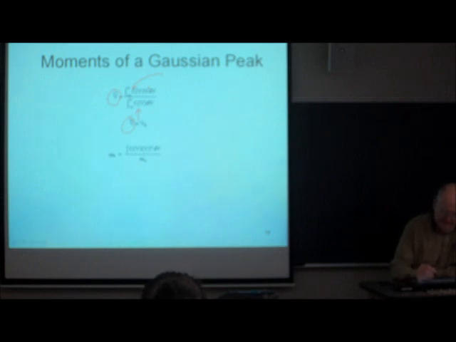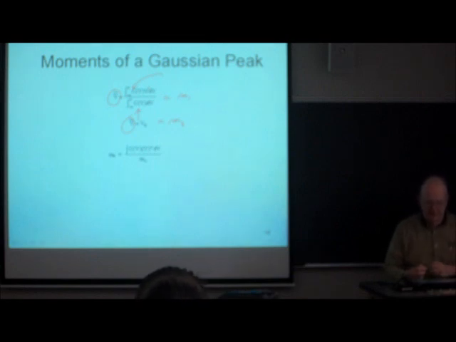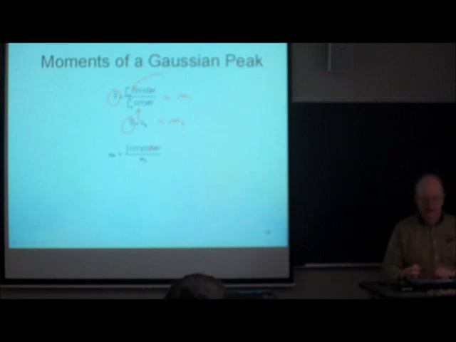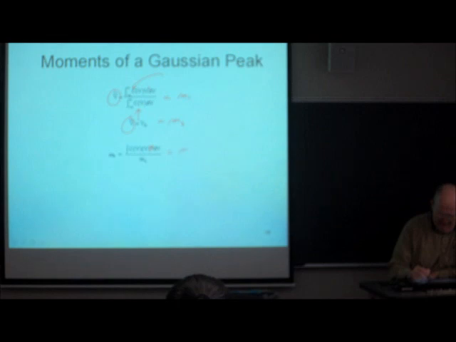I call this the first moment. You can generalize this operation, this integration, and instead of multiplying by V to the first power, multiply by V to the n power, and that gives you the nth moment of the peak.